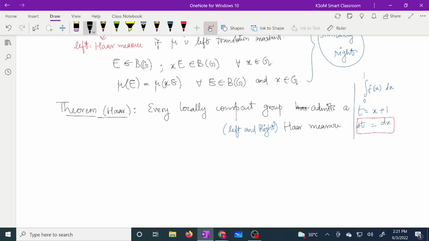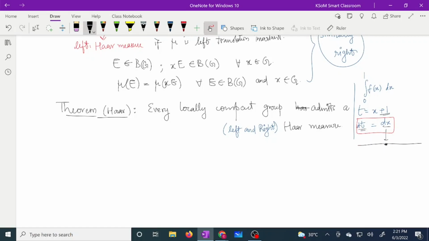So what does this mean? This is precisely the translation invariance that we are talking about, because the set of real numbers is a topological group, as we saw, and there translation literally means adding and subtracting elements. Literally you are translating x to x plus 1, and dt, which denotes the measure, is unchanged. If you don't understand how dt denotes the measure, you can think of dx as a small, arbitrarily small length in the real line.